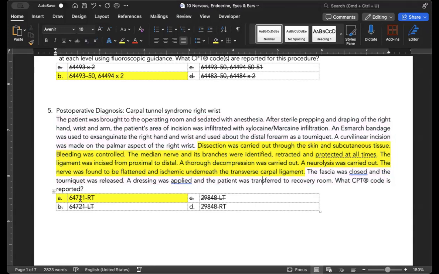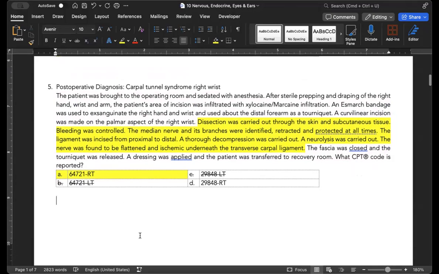So if you read your code description and know what keywords to pick out as you're reading, then you're going to go, okay, it's not endoscopic. If we know it's not endoscopic, then we're not going to use the 29 code. It's an open procedure. So use them that way to rule out too.